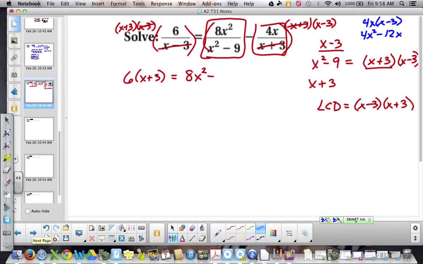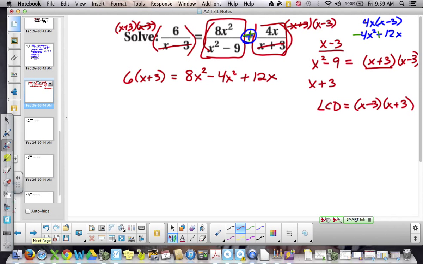But now I need to subtract that, so I'm going to change it to adding the opposite of that: a negative 4x squared and a positive 12x. So we have minus 4x squared plus 12x.